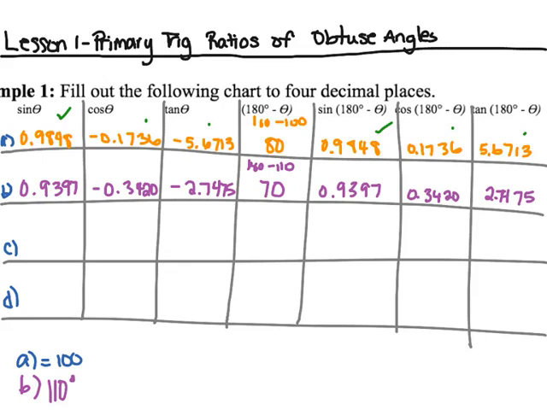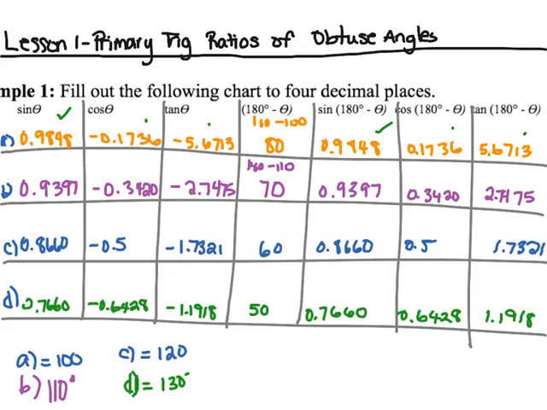And then I'm going to put in all the rest of the answers so you can pause it and check your work. Okay, so these are the answers you should get. Some things that you should notice, aside from the sines having the exact same number, the cos will be the same number but opposite sign, and the tan will be the same number but opposite sign.